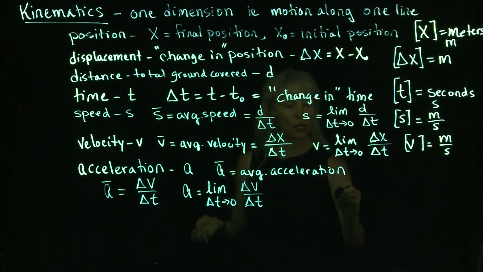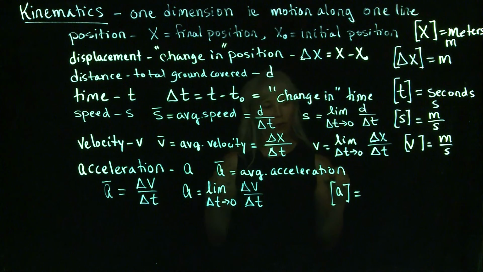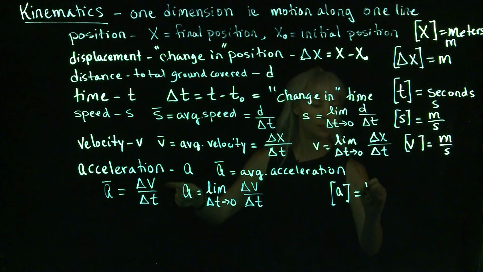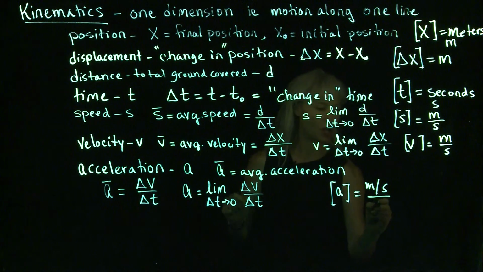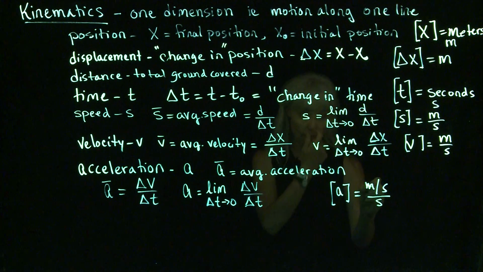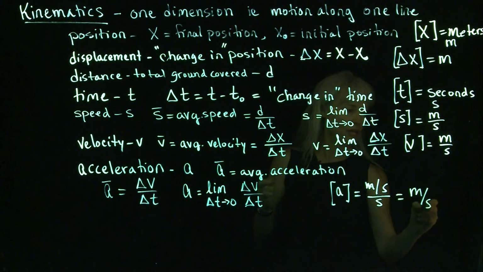And lastly, what about the units for acceleration? What kind of units will we have for standard units in the metric system? Well, they're going to be units for velocity, which is meters per second, divided by the units for time, which are seconds. So we're going to have meters per second per second, or meters per second squared.